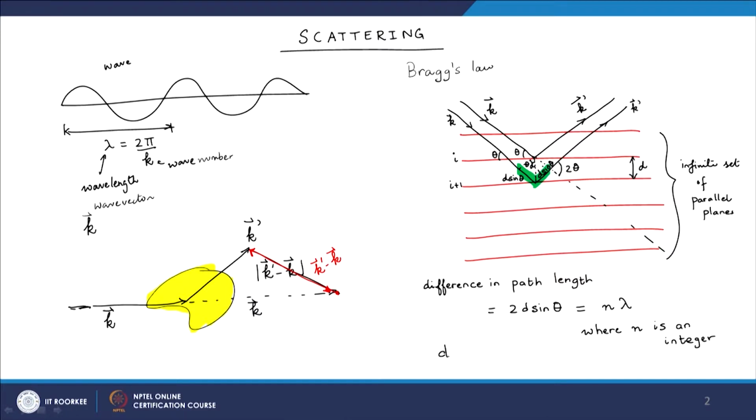So, now what this means is I can get, by looking at simply the lambda by 2 sin theta, this is the distance between two planes.